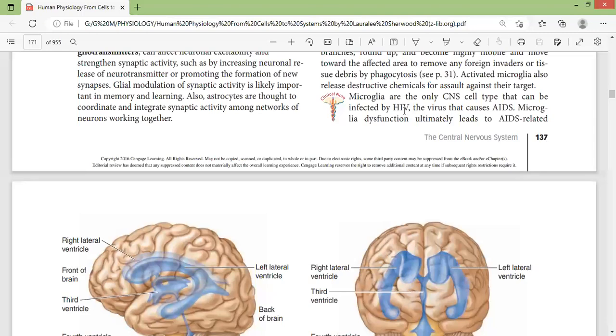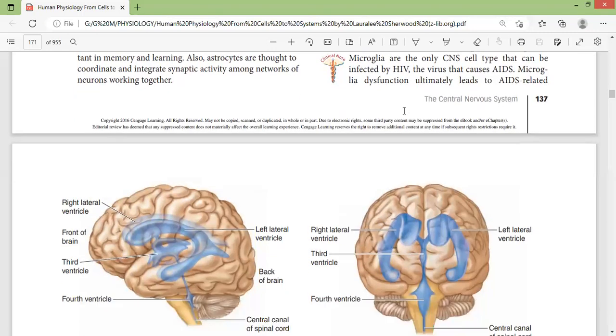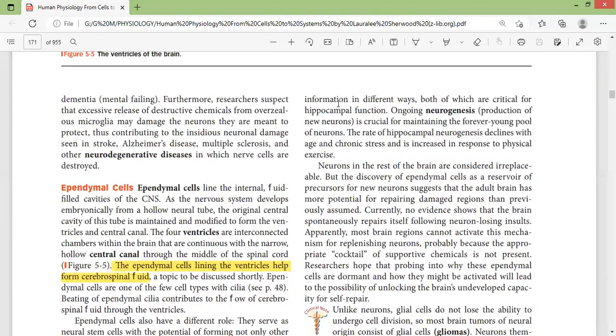However, infection of the microglia leading to their dysfunction is what can lead to stuff like dementia, right? Because we know immune cells have destructive chemicals within themselves. So when they are damaged and release these destructive chemicals, they will lead to neuronal damage.